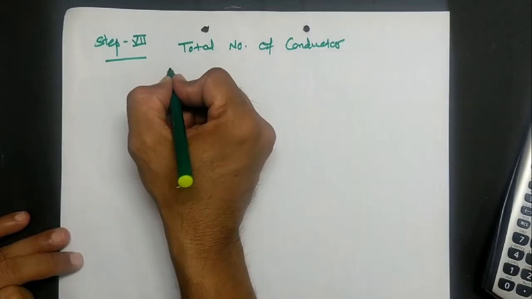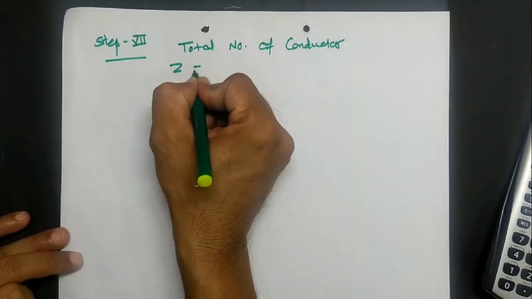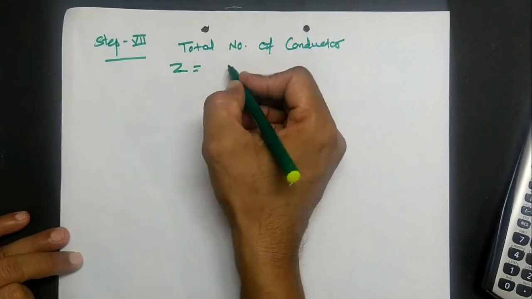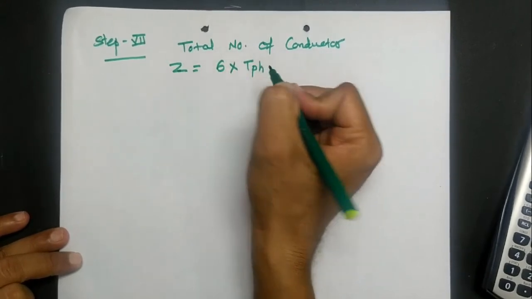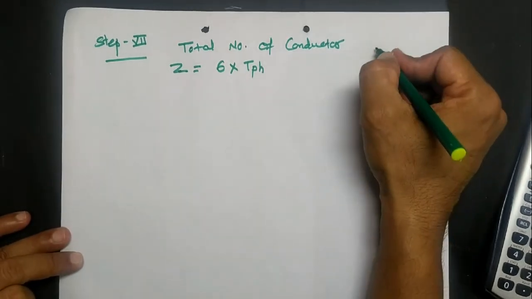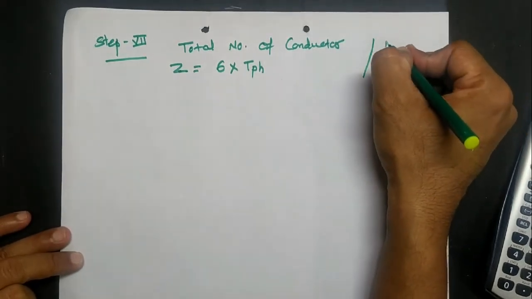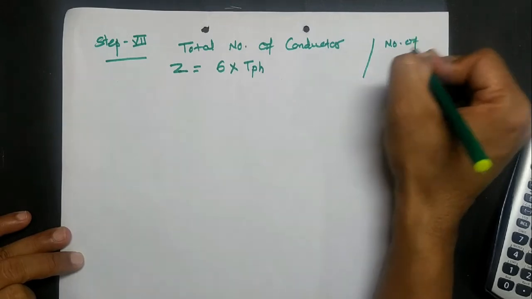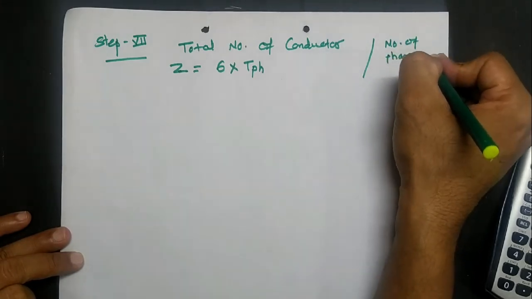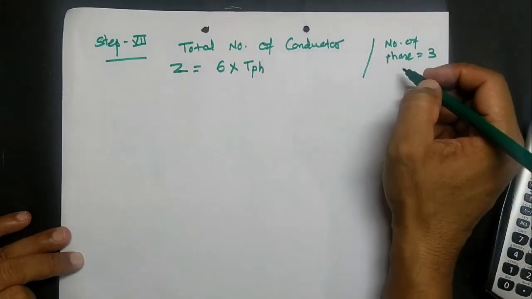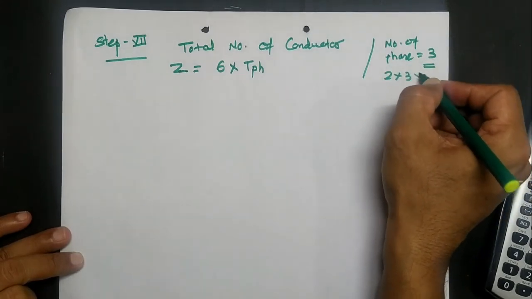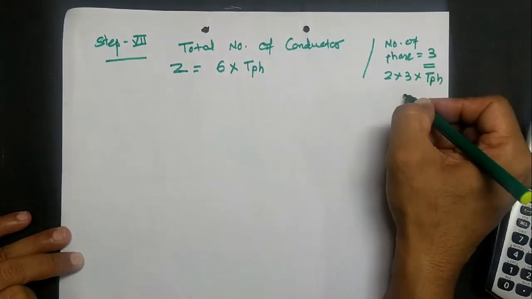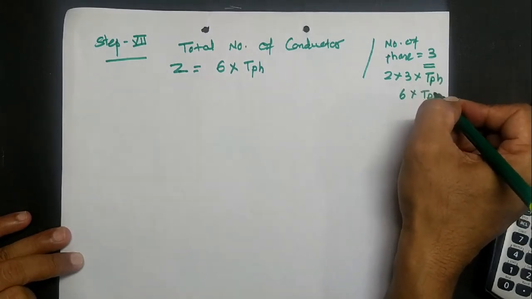So the total number of conductors, that is Z, can be calculated as 6 times turns per phase. Suppose the number of phases is equal to 3, so 2 multiplied by 3 multiplied by turns per phase, that is 6 multiplied by turns per phase.